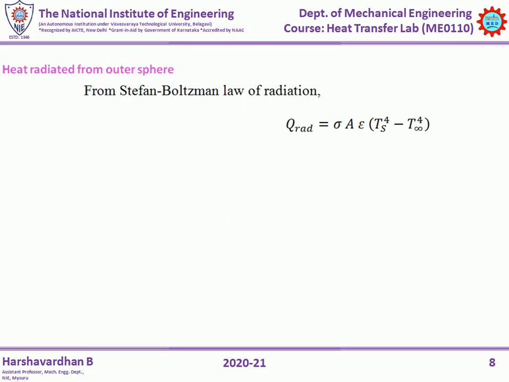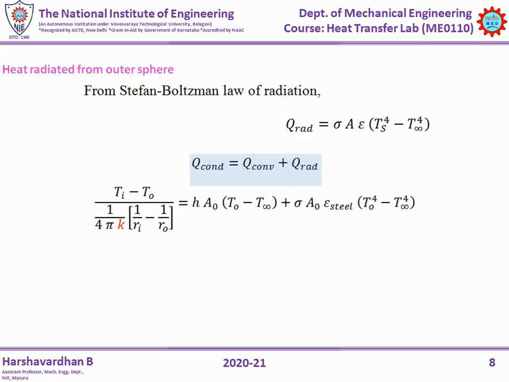Heat radiated from the outer sphere can be calculated from the Stefan-Boltzmann law of radiation, according to which Q radiation equals sigma into A into epsilon into (Ts to the power of 4 minus T infinity to the power of 4). So when the system attains steady state, we can substitute all these heat transfer expressions in the above equation, and we can determine the unknown thermal conductivity of the asbestos powder.